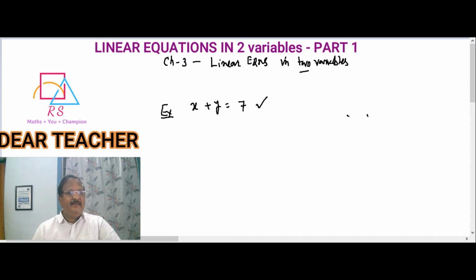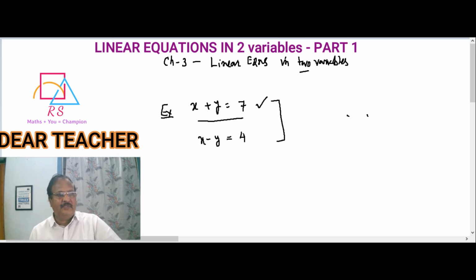If you want one particular solution, it needs one more equation, say x minus y is equal to 5.